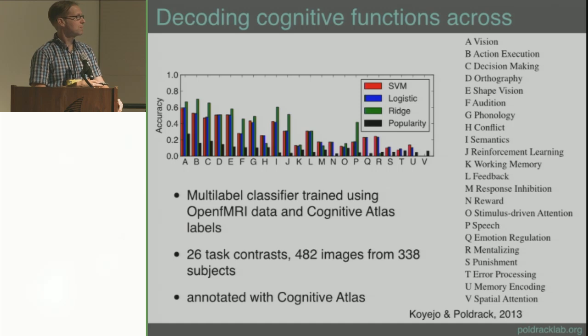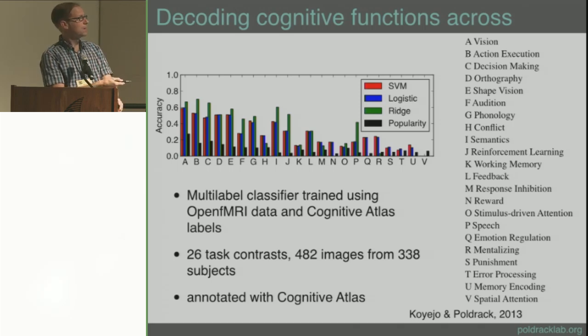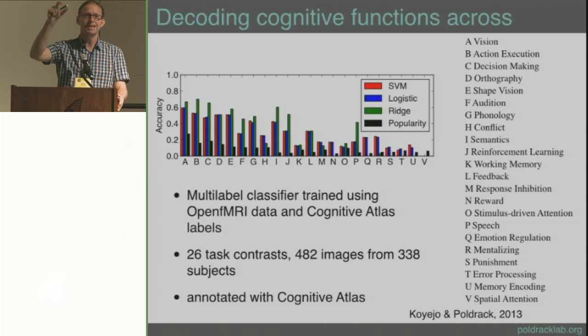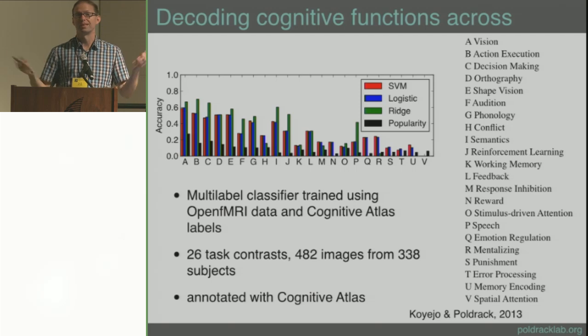So Sammy Koyejo and I did some work a few years ago, presented at NIPS, that started looking at this, where he took that same data set, took that coding, and fleshed it out a bit, and then asked, can we do this multi-label classification? Can we predict for any particular data set which of those 20-something cognitive functions are turned on, where any number of them can be turned on from one task to another?